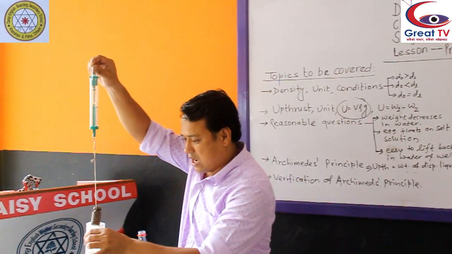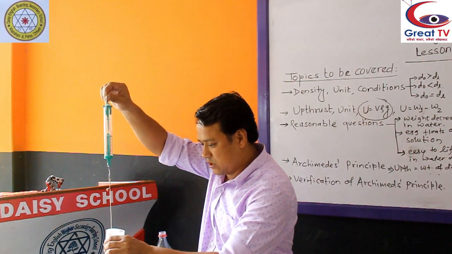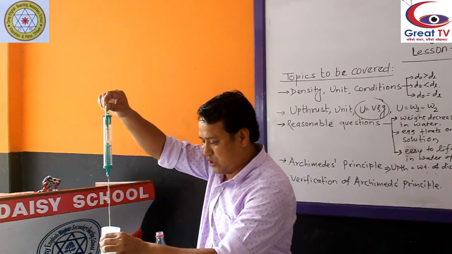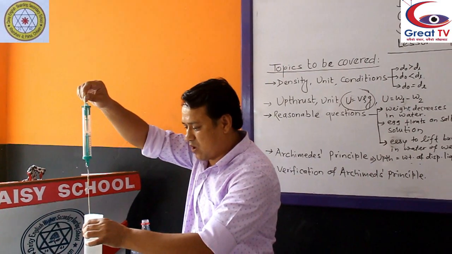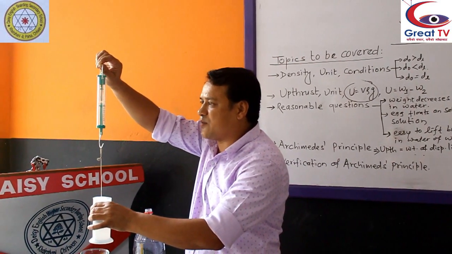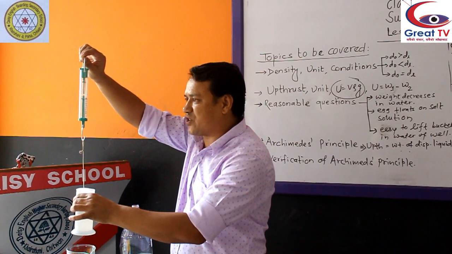So here, after immersing this object into the Eureka can, it displaces the water, and at the same time we have to record the weight of that object in water. You know, water gives upthrust and its weight decreases.